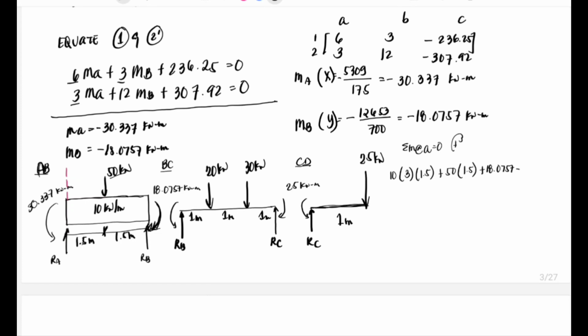Okay, i-minus nyo po yung ating RB. Yung RB natin, multiply by 3 and then minus nyo po yung 30.337 should be equal to 0. So, transpose nyo po yung ating RB. So, RB multiplied by 3, that is equivalent to 107.7387, divided both sides by 3.